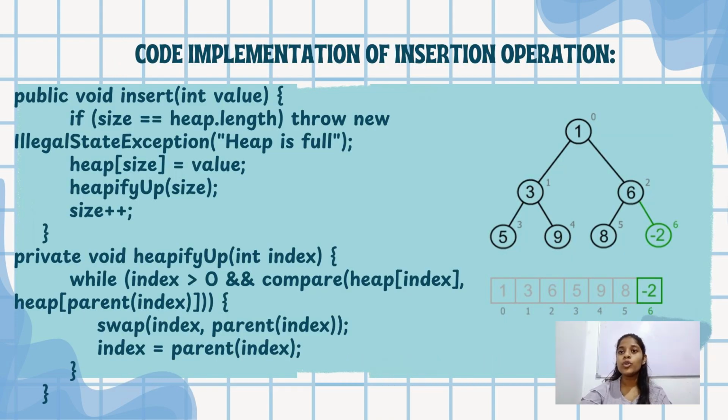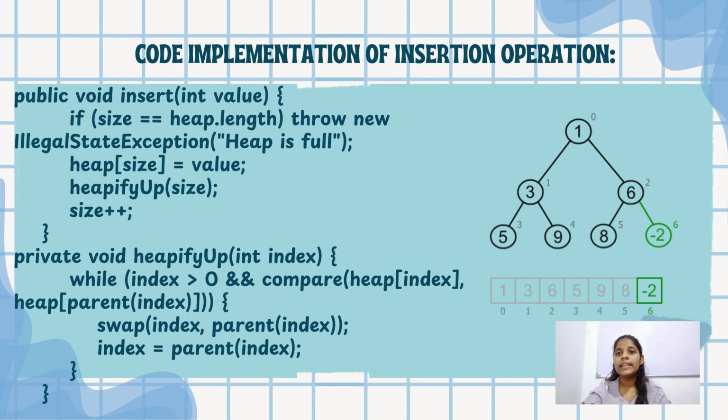Code implementation of the insertion operation. So look at the code. It shows how we have implemented the insertion operation. In the insert function, int value takes an integer value as the input, which is the new element to insert into the heap.